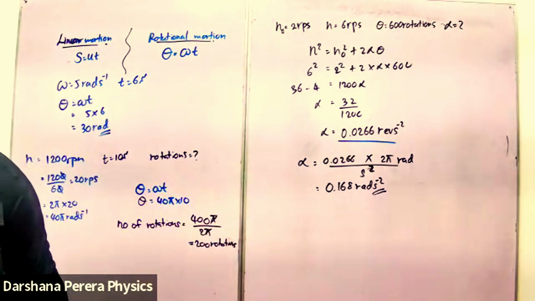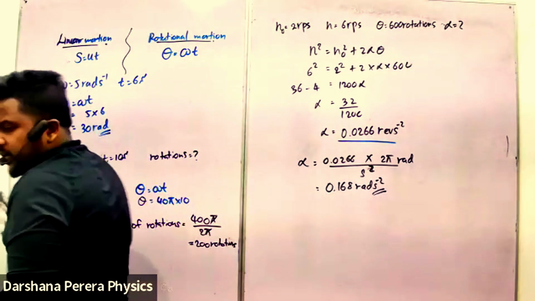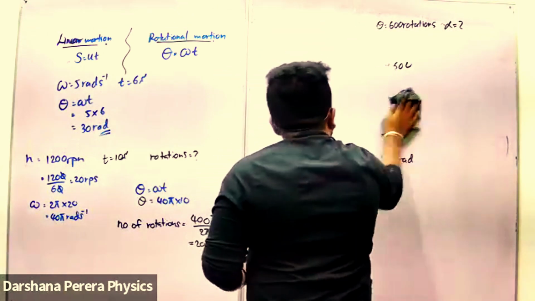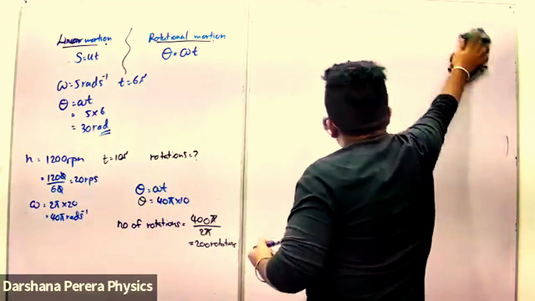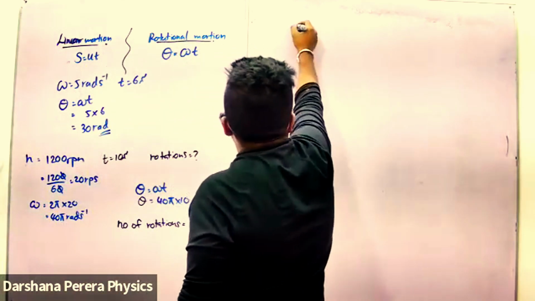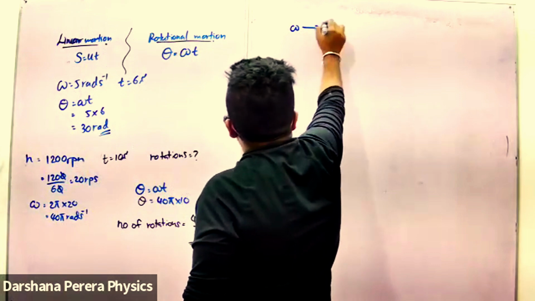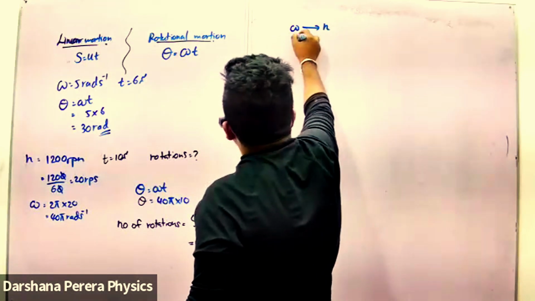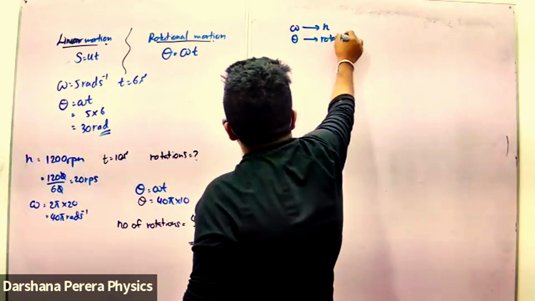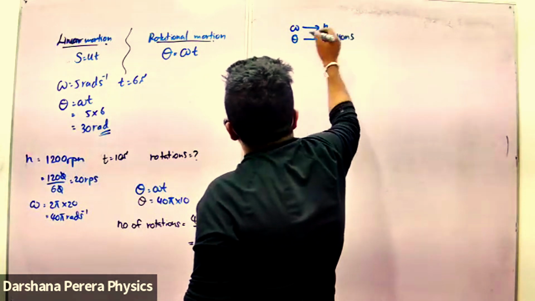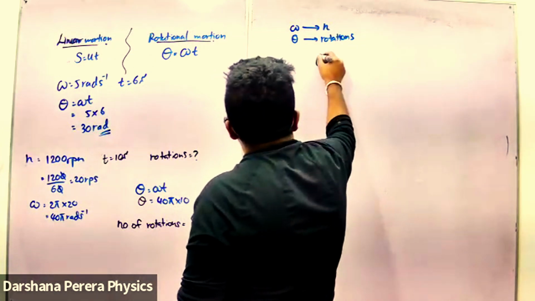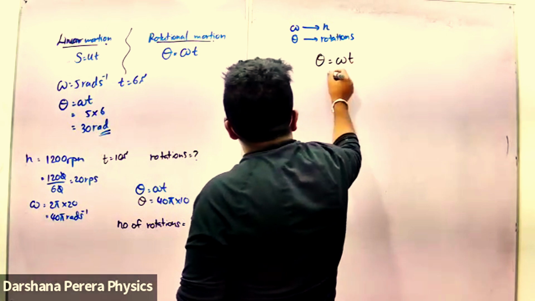This also can be done using the previous method, the rotation equations. How can we find that? We can tell omega into n, therefore theta into rotations. Theta equals omega t.